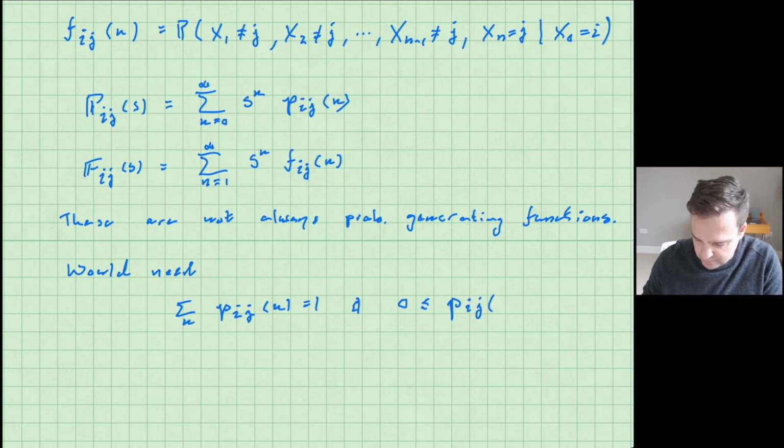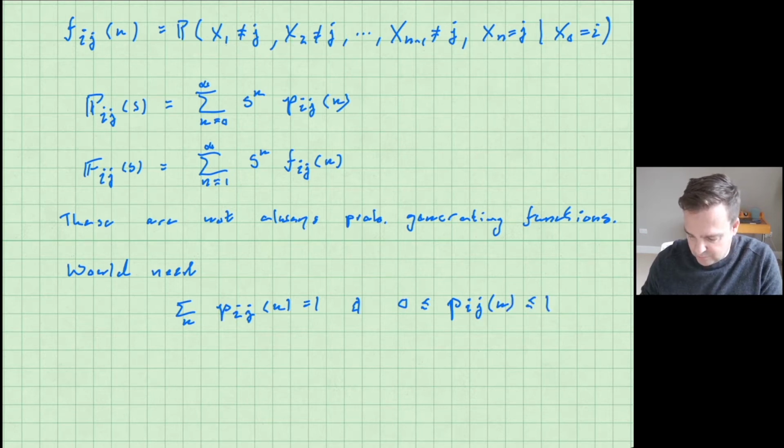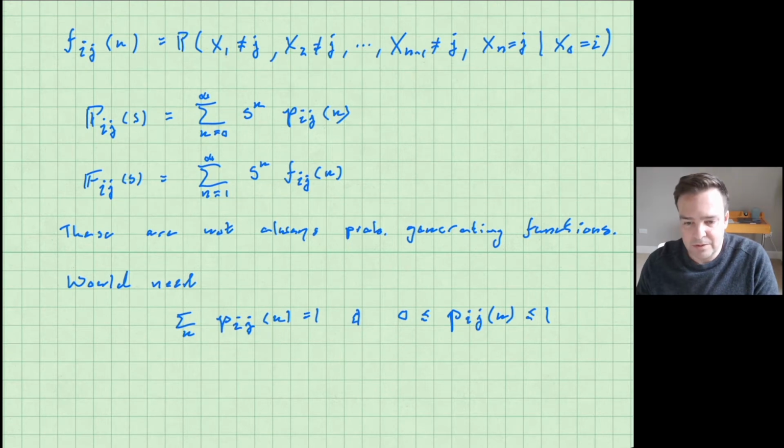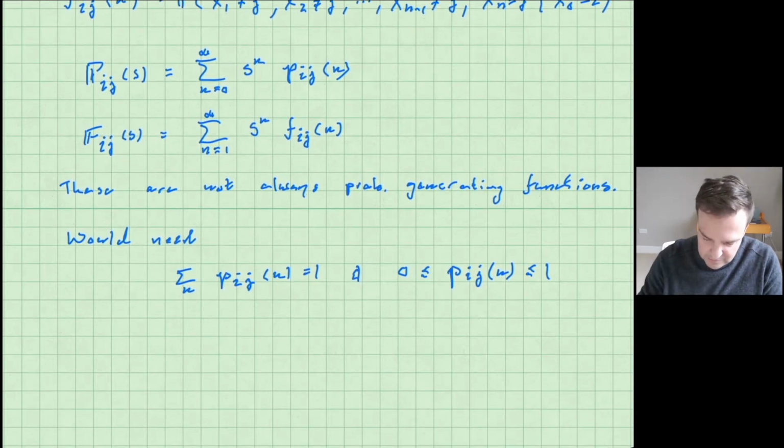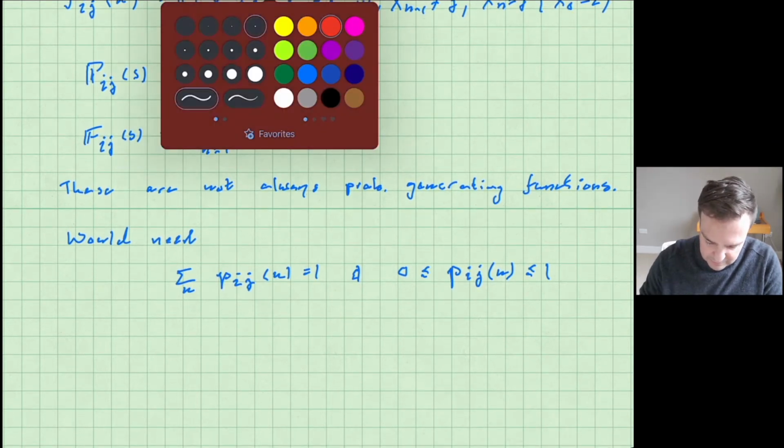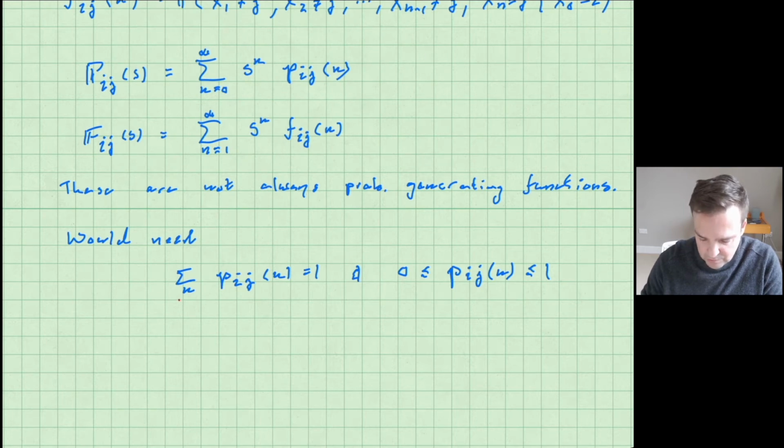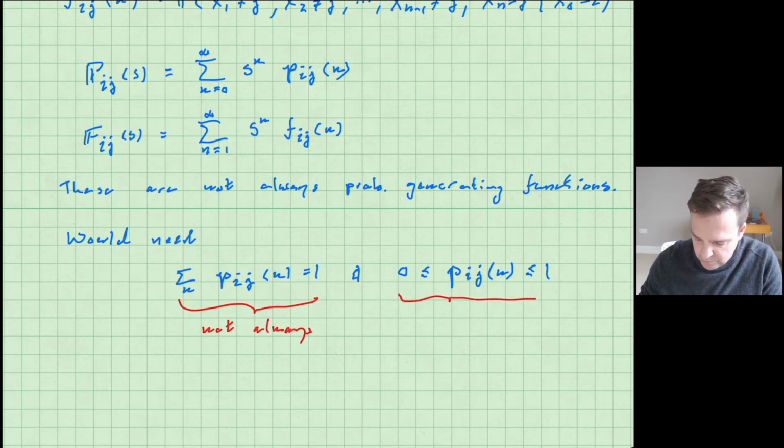And you could put f here as well instead of p. We would need these things to be true if these are going to be probability generating functions. And this one here on the left is not always true.